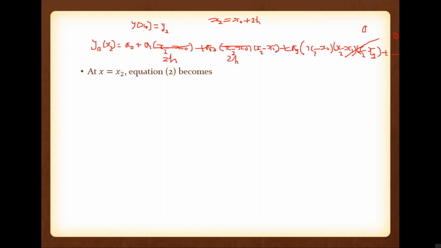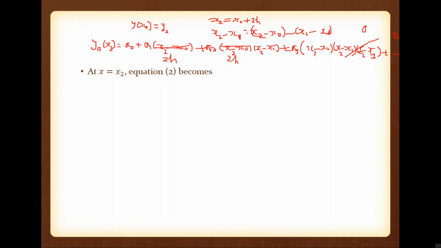What about x2 minus x1? We can write x2 minus x1 as x2 minus x0 minus x1 minus x0, because x0 and x0 are cancelled.